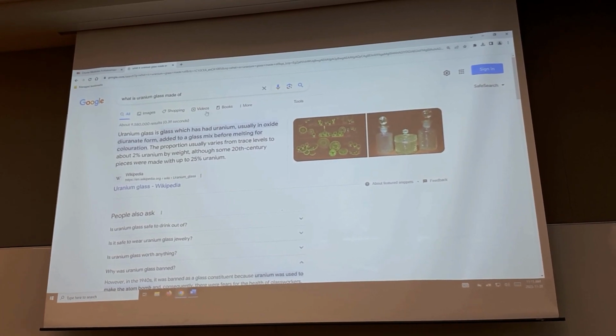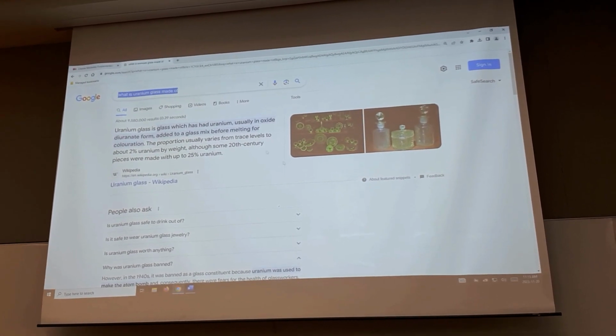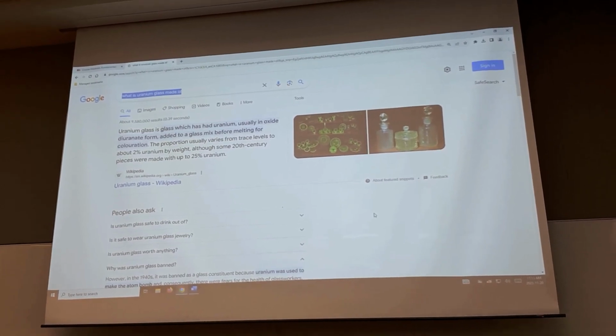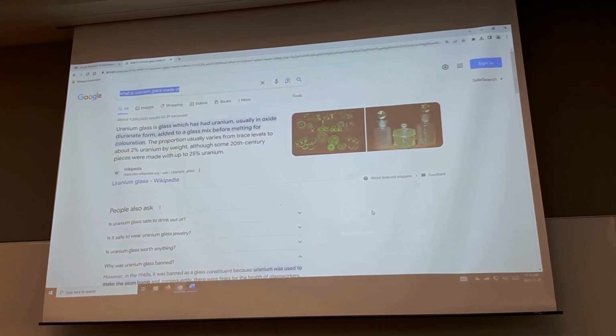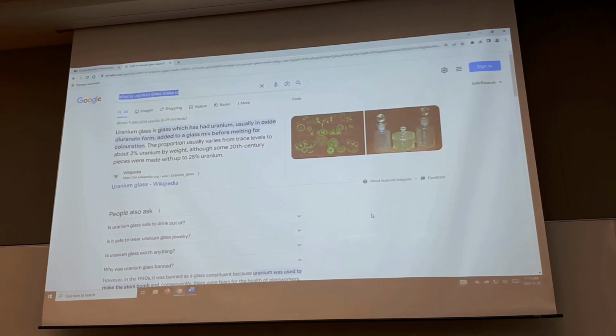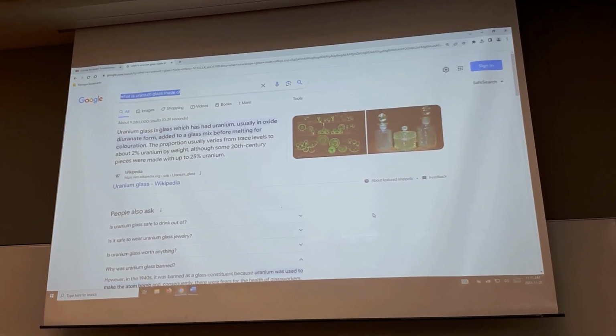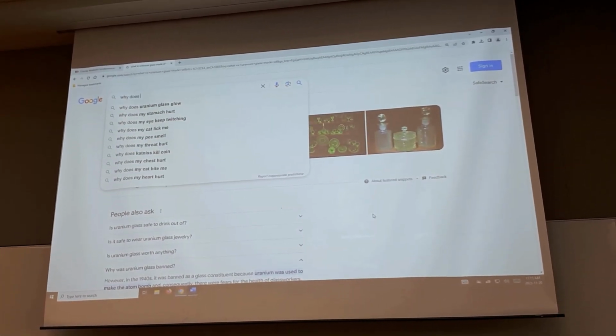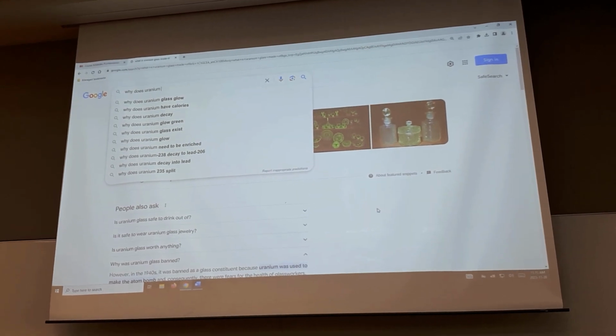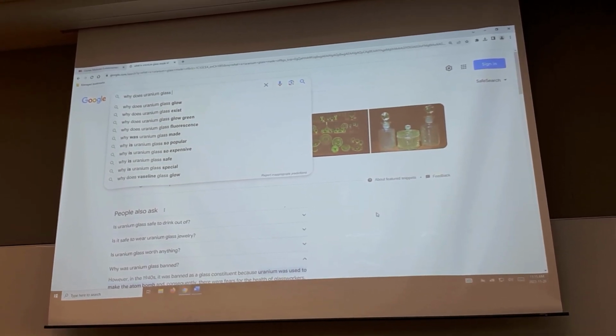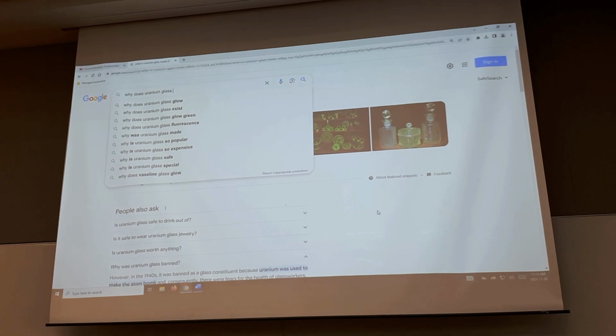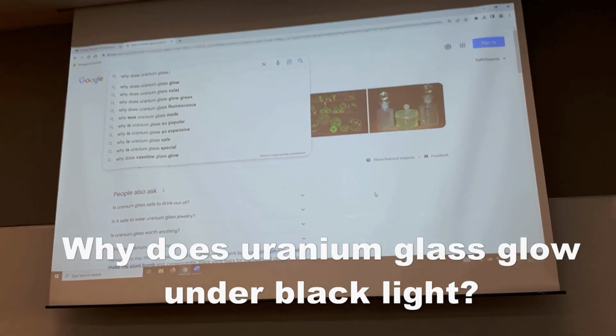Let's have another question up here. The reason I can tell this is uranium glass is because I did this. All right, so why does uranium glass glow under UV light?